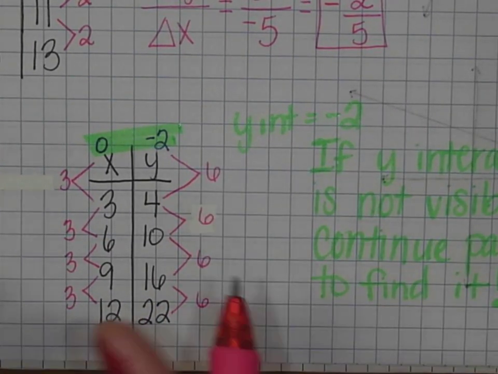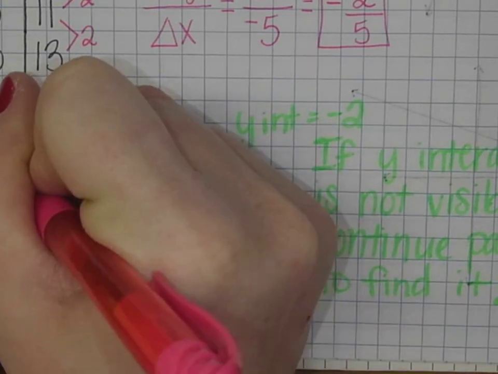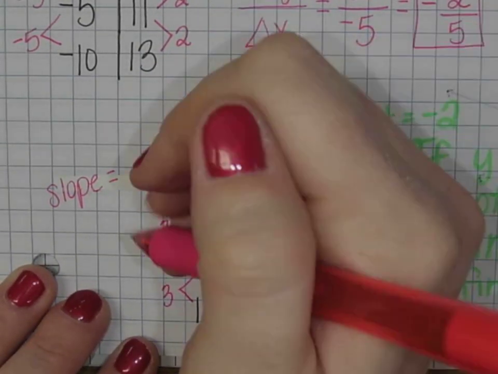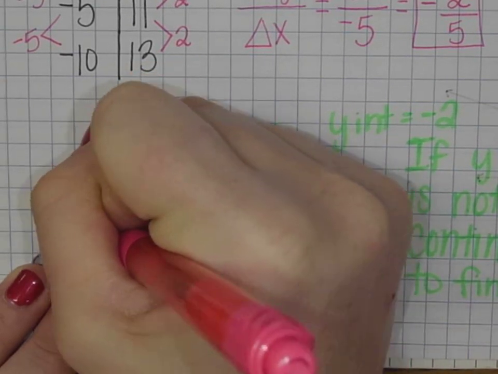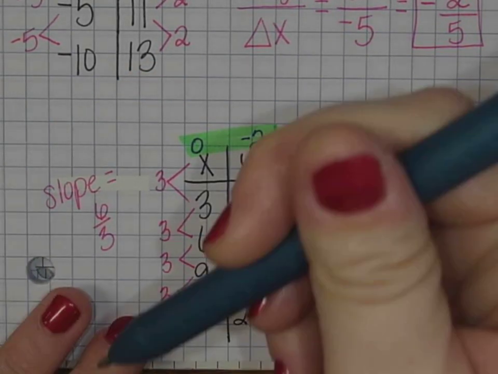And then my slope, I'm going to write it on this side because I have more room over here. Slope, or change in y over change in x, is 6 over 3. Well, notice 6 over 3 is not reduced.